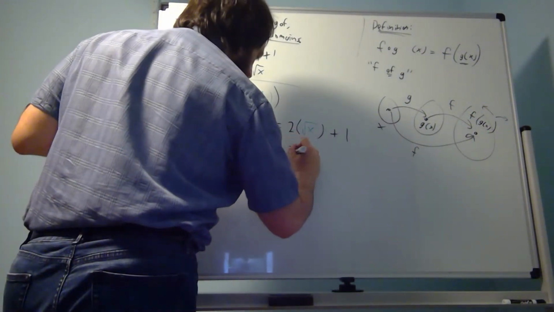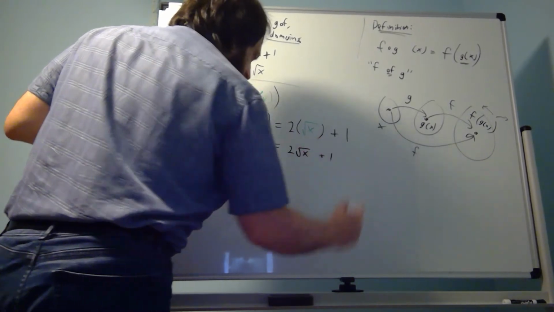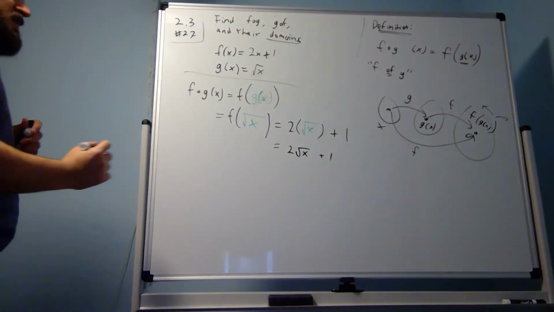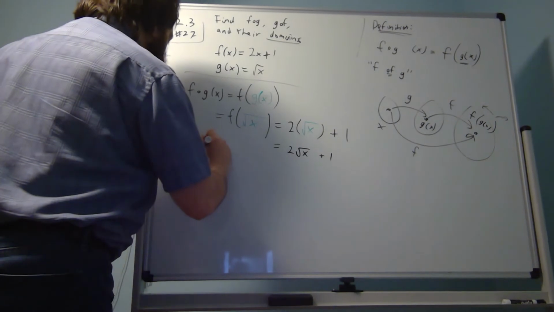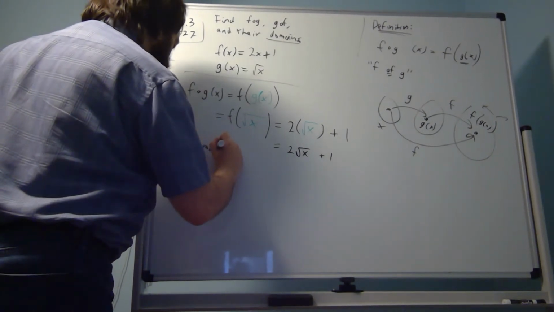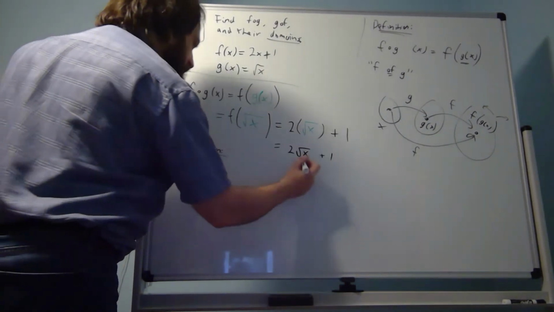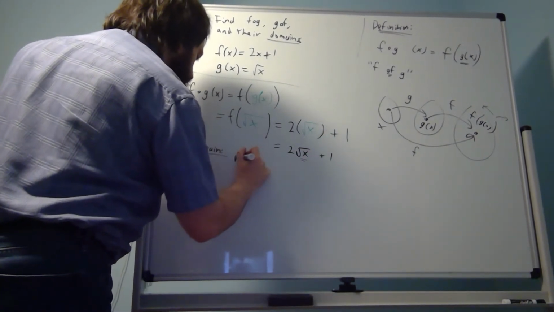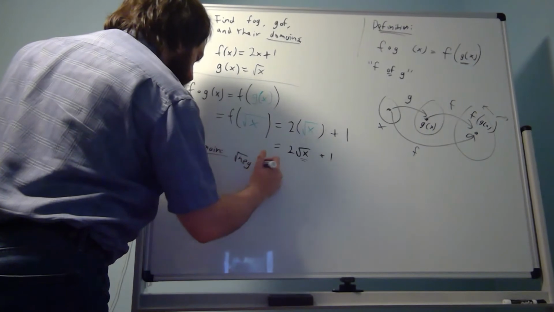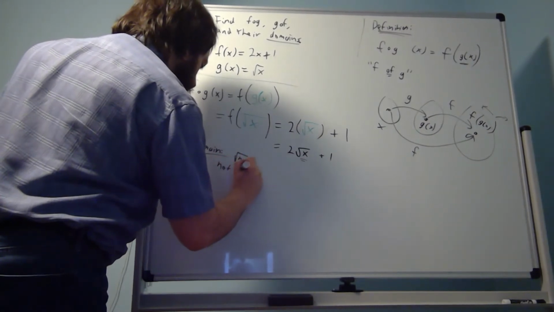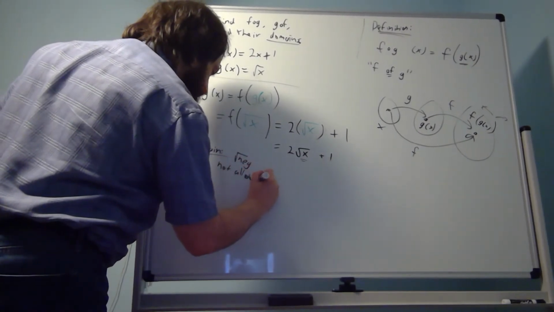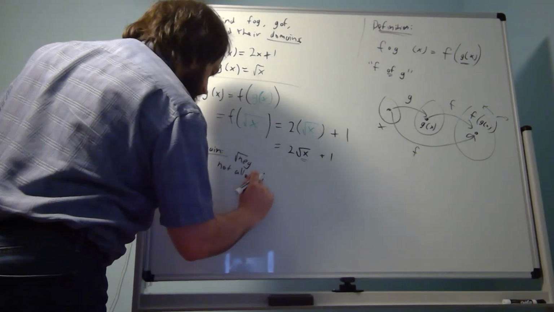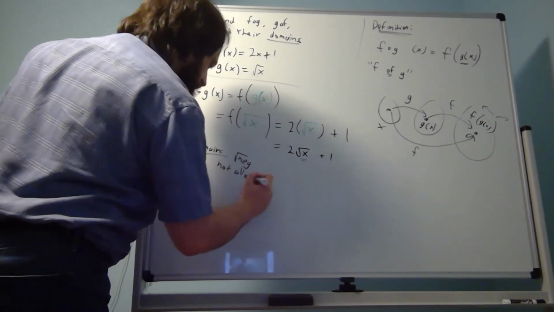So the only possible problem we can run into is that the square root of a negative is not allowed.